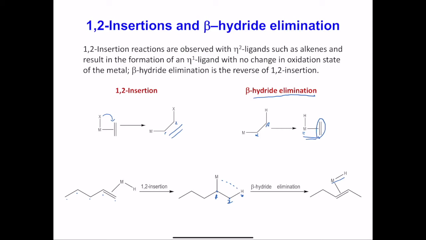However, right now we have another beta hydrogen from this side. So that's the alpha carbon, this is beta carbon, and here is also beta carbon. This beta hydride can also go back to the metal.